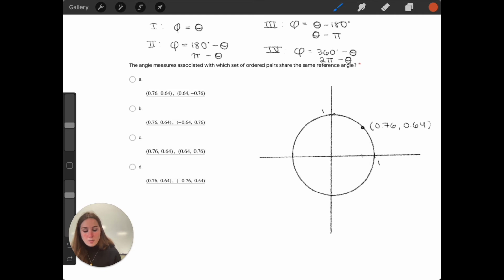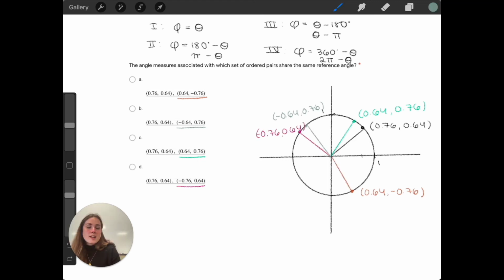So we're going to have a point down here. In B, we've got negative 0.64, 0.76, so we'll have a point over here. With C, we're going to have this point right here, and with D, we're going to have this point over here, so negative 0.76, 0.64.